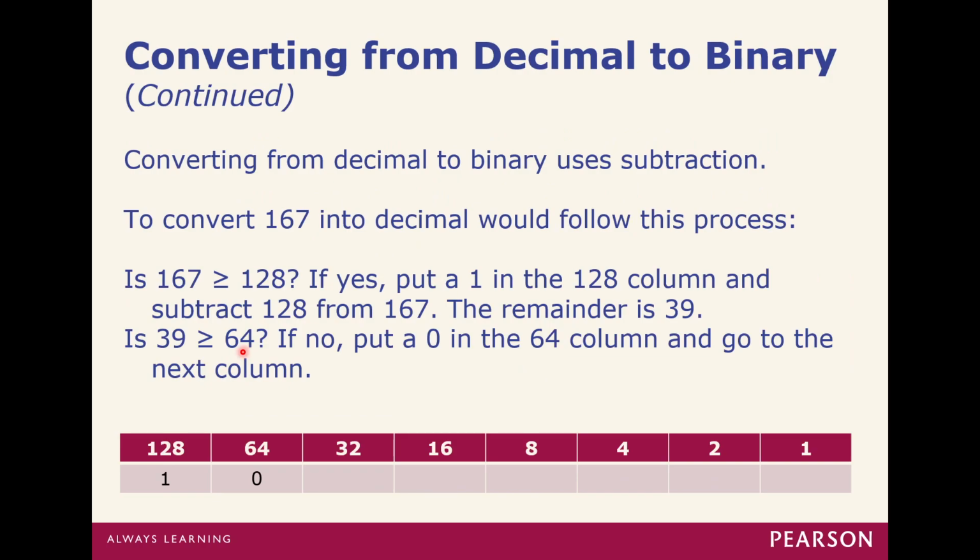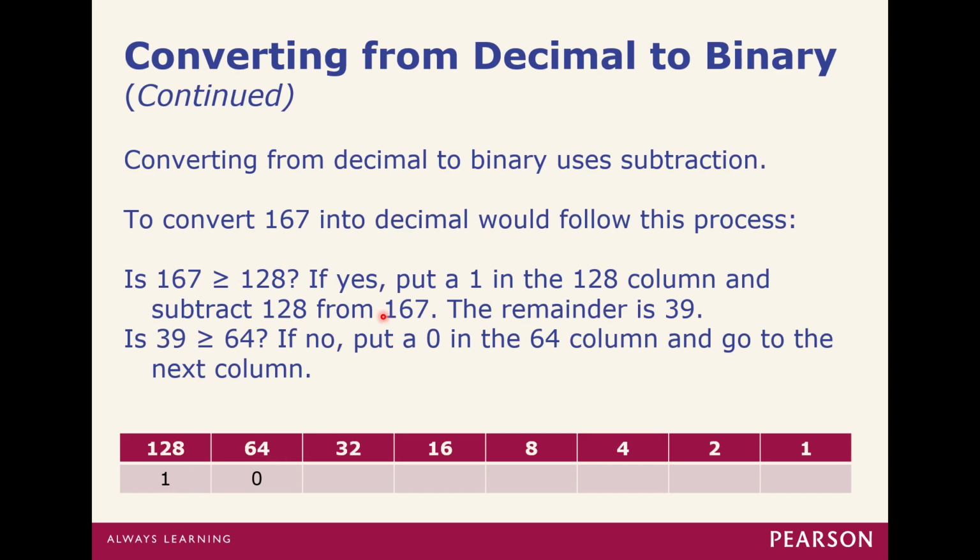Now converting from decimal to binary, what do we have in here? Okay, which number are we converting? We are converting number 167. 167 is bigger than 128, so for sure you want to put 1 under 128.